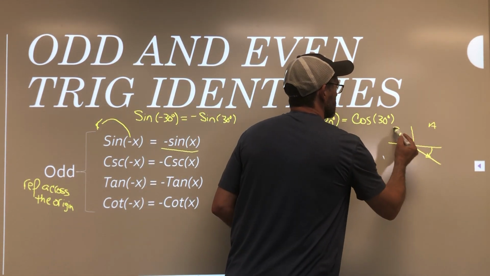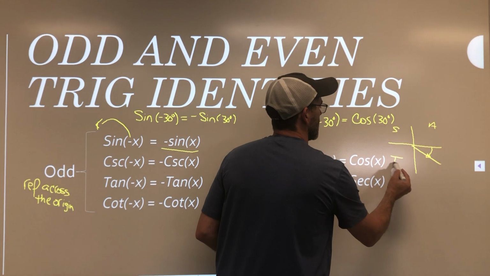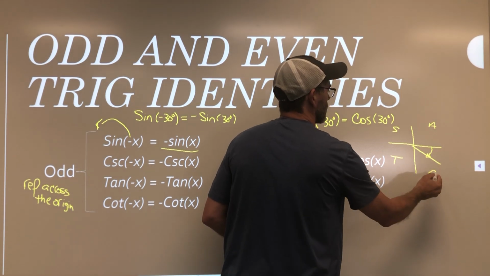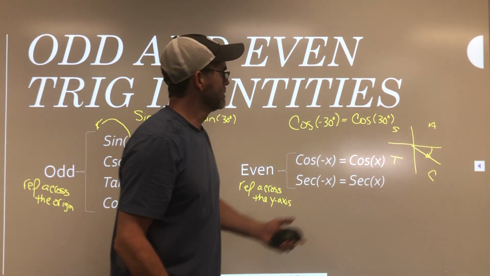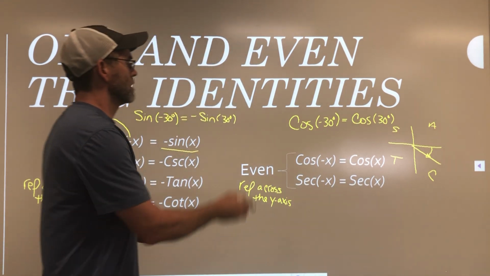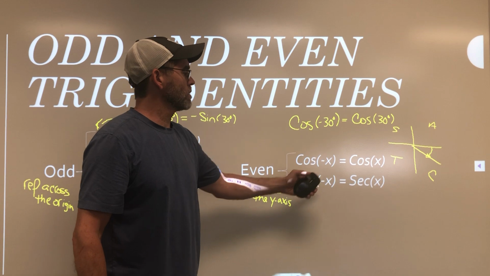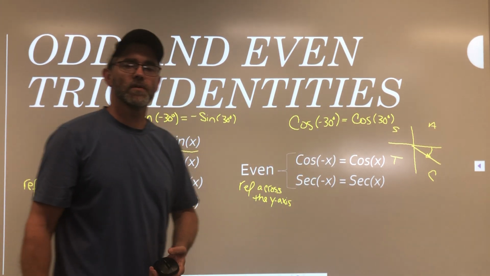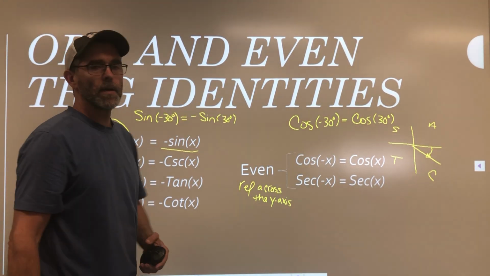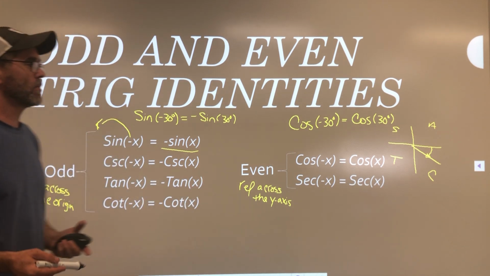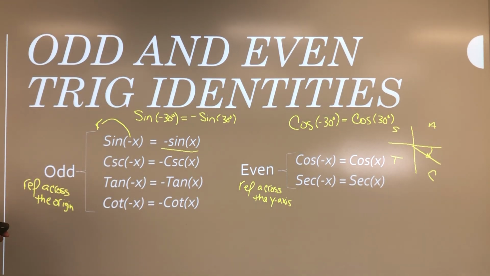All students take calculus, and in quadrant 4, cosine was supposed to be what? Positive. So that's why this is working, that the cosine of this negative angle was going to equal the cosine of its positive angle. That is the why. It's definitely one of the reasons of how you can generate a proof.